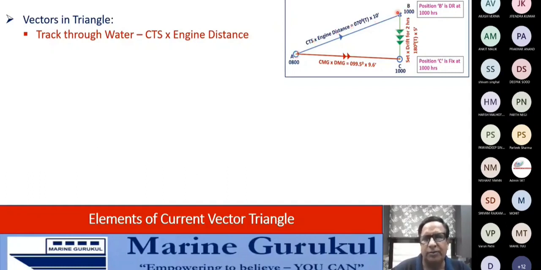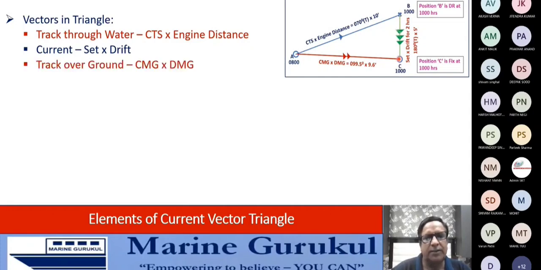Second vector is the current vector, represented by set and drift, represented by BC in this case. And the third vector is track over ground, represented by CMG and DMG, which is represented by vector AC in this diagram.